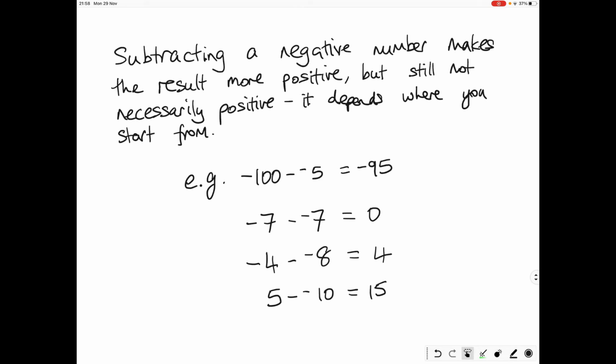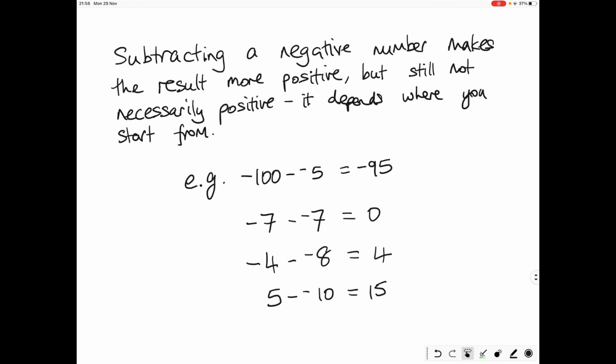If we start with a negative number and subtract a larger negative number, we end up with a positive result. This is a bit like having a slightly negative day and then having a big problem taken away. The problem is negative, and because it's been taken away, as long as you weren't having a really bad day to start with, you'll often find that taking the problem away improves your day so much that a negative day is turned into a positive one.